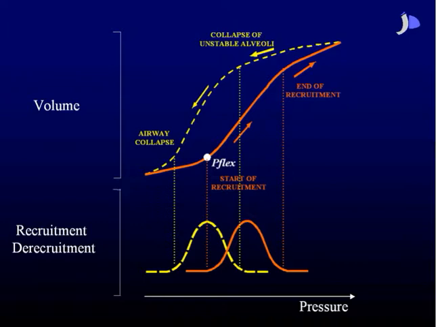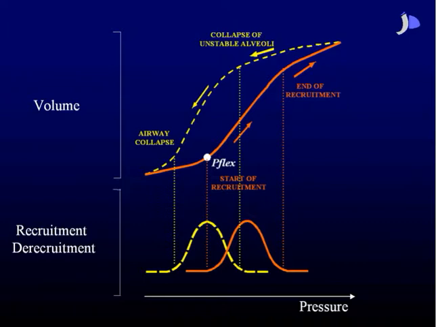And then for a maximum recruitment maneuver, we have to force and drive our pressure up here to gain these final alveoli that are more diseased ones, probably in the dependent parts of the lung, who need this high pressure to be opened, but at the price of overdistending the lung, because here our compliance and the pressure-volume relationship is, again, coming to a flat portion. So we need to challenge the lung with higher pressure, have some minutes of overdistension to recover all these alveoli.